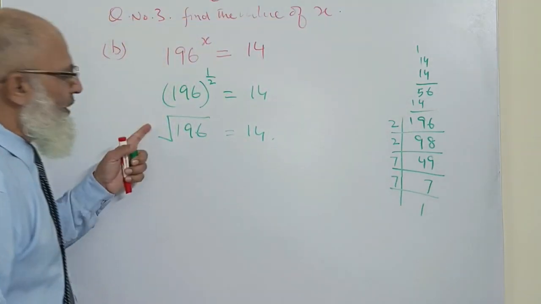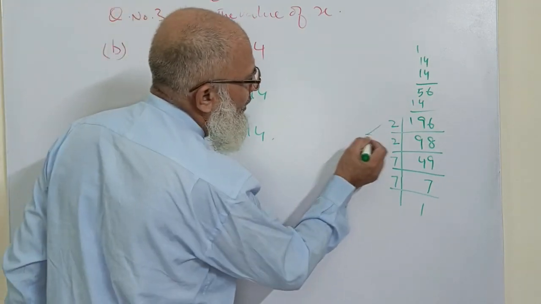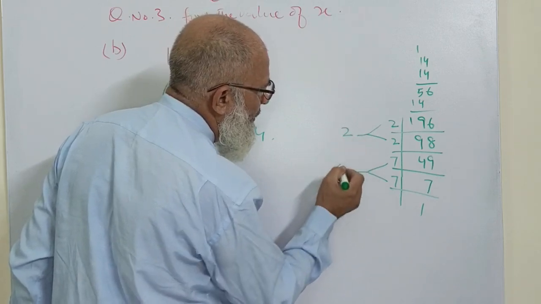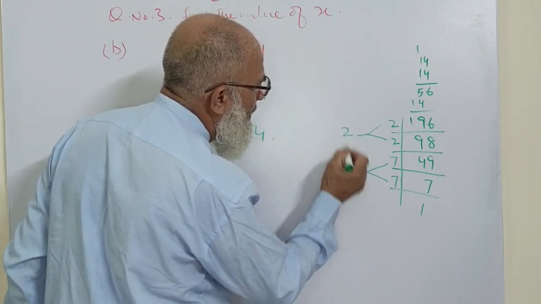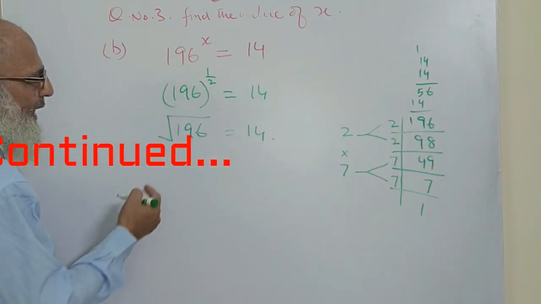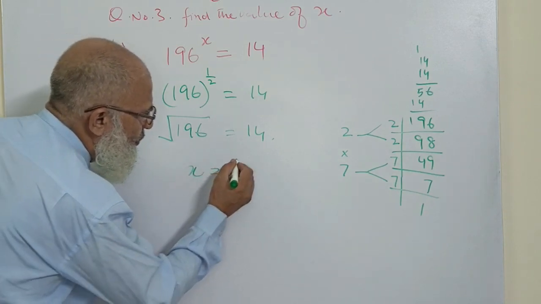So it is square root. So what will happen over here? We'll just take one common out of each. So 2 times 7 is 14. So that means that x is equal to 1 by 2.